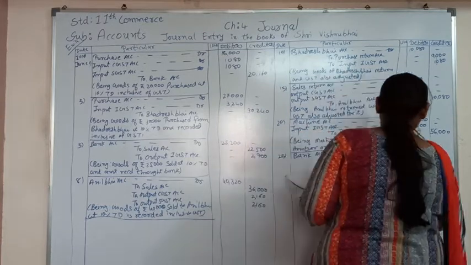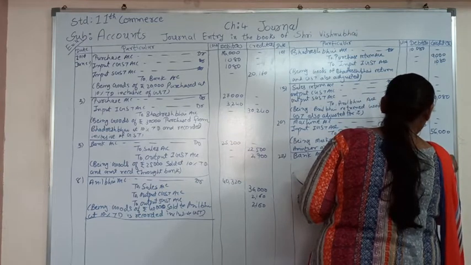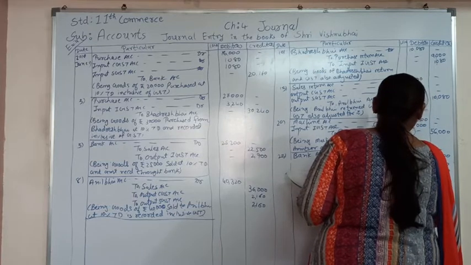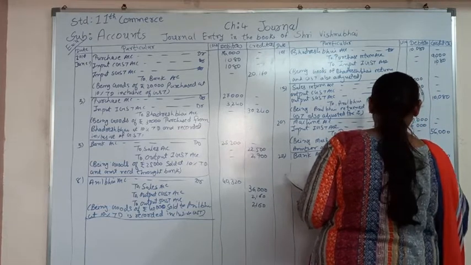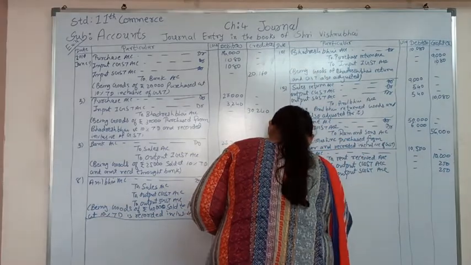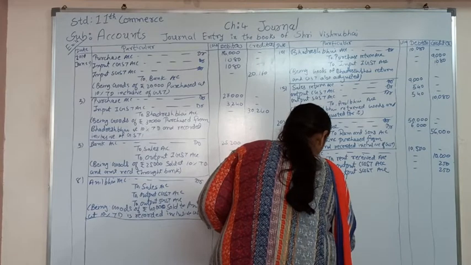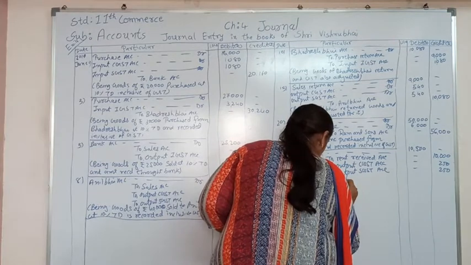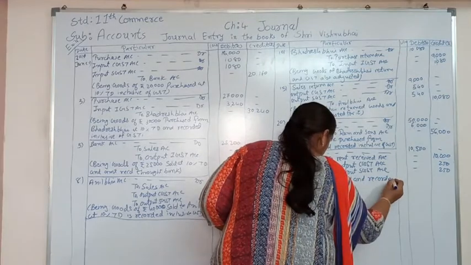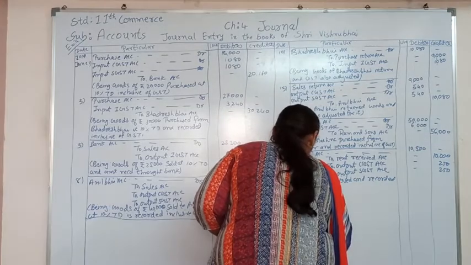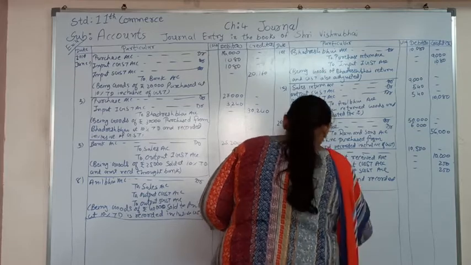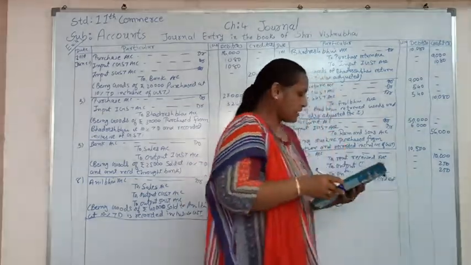So here the rent that we have received is 10,000 and GST will be 250 each. So the total will be 10,500. Being rent received and recorded inclusive of GST for that. Now let's see the last transaction.